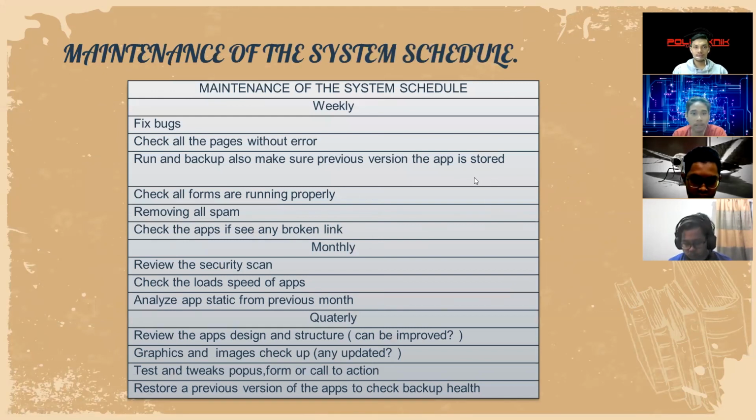So the next is the maintenance of the system schedule. For weekly, we need to check and fix the bugs, check all the pages without error, run a backup, and also make sure the previous version of the app is stored. Check all forms are running properly, remove all spam, and the last one is check the apps for any broken links. And for monthly, we need to review the security scan, check the load speed of the apps, and analyze app statistics from the previous month.